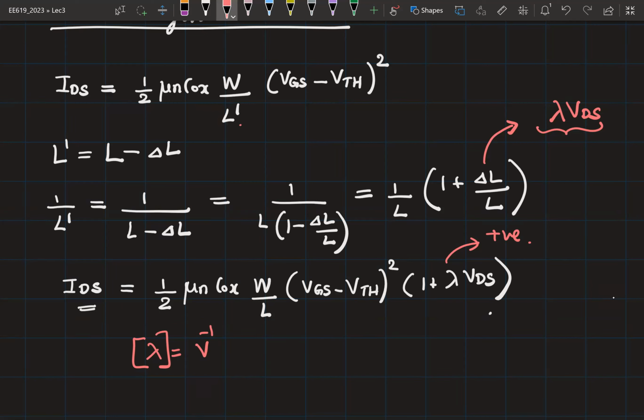Now this lambda is actually an empirical parameter. All of the equations that we derive, we would like everything to have a physical background. But sometimes trying to express that physics in terms of equations will result in very, very complex equations. That makes it really hard for us to do computations or as designers to have a feel or intuition for the circuits.